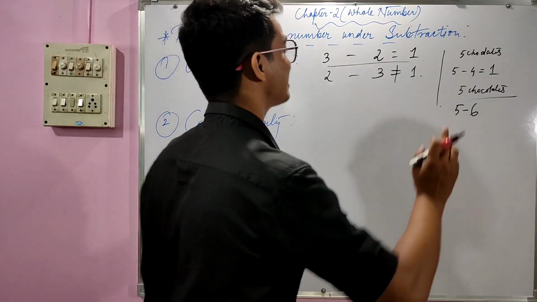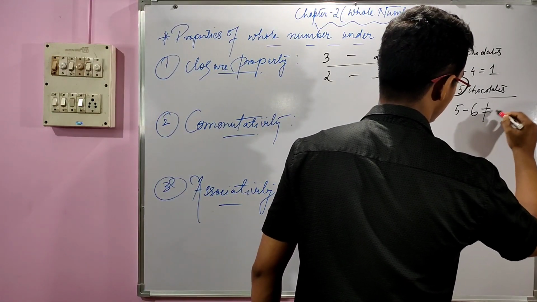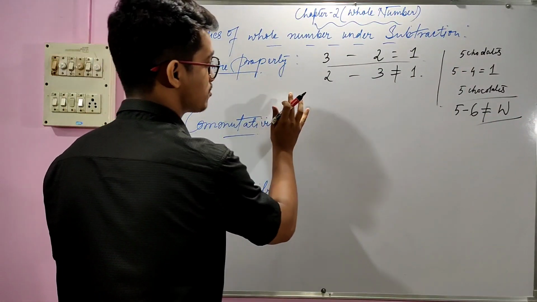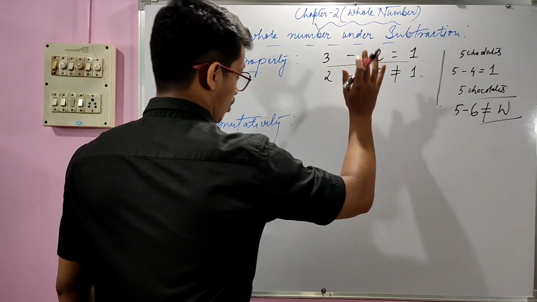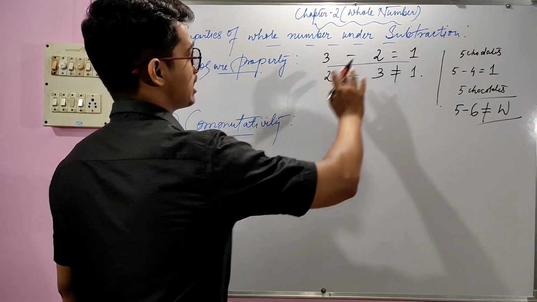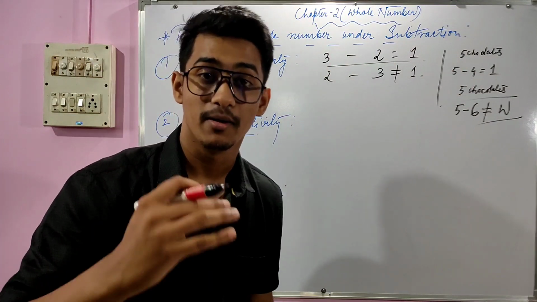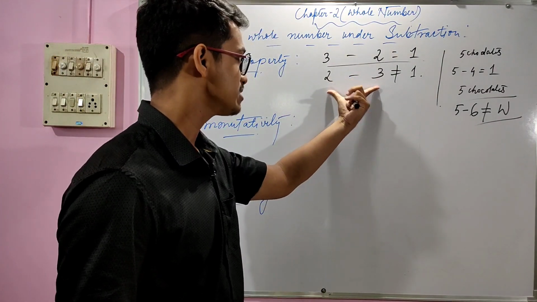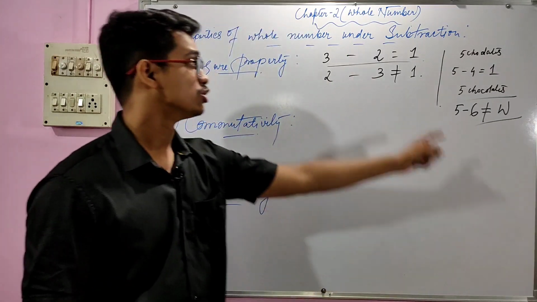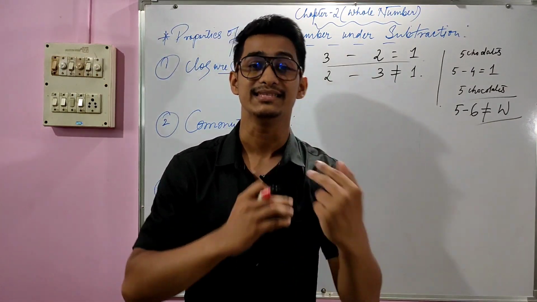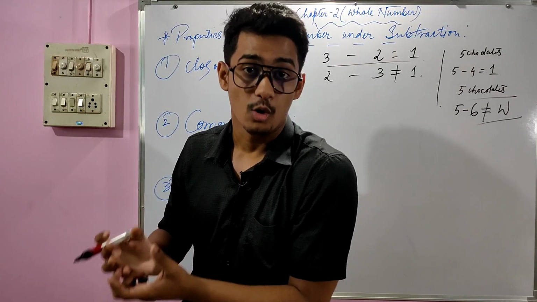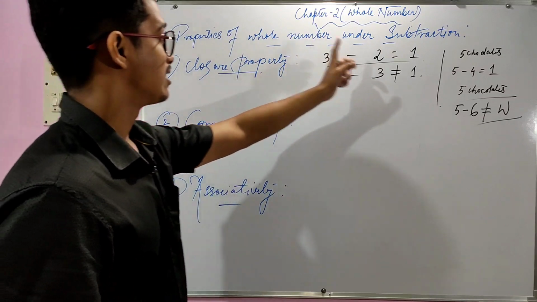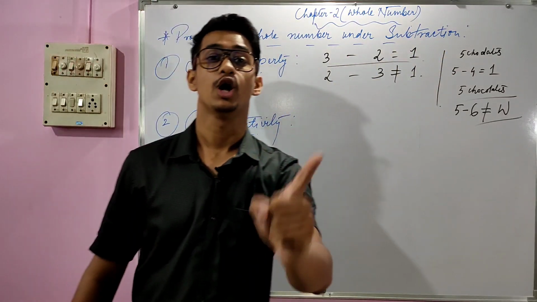So in that case it is not a whole number. So the closure property under subtraction is not possible. Why? Because if I take two whole numbers and put a minus sign, it does not always give a whole number. It basically changes its own identity.